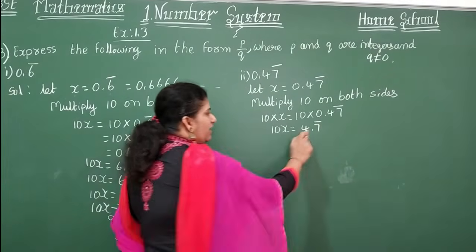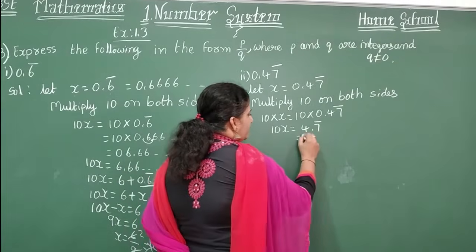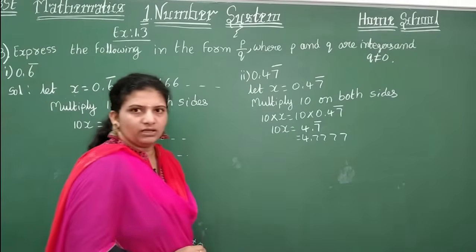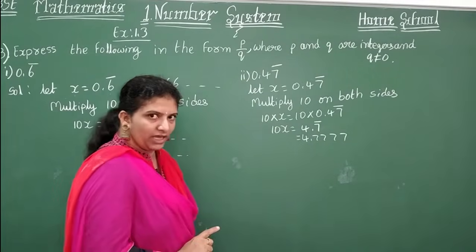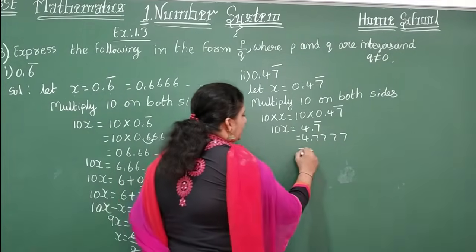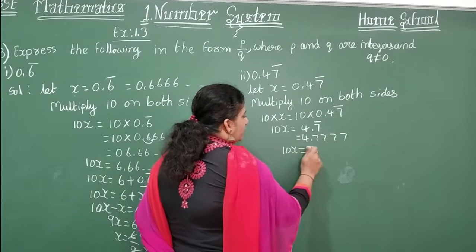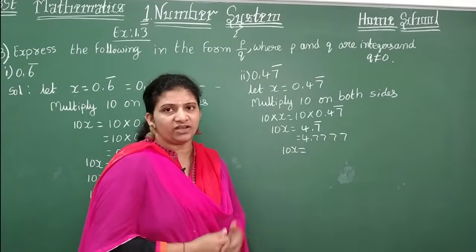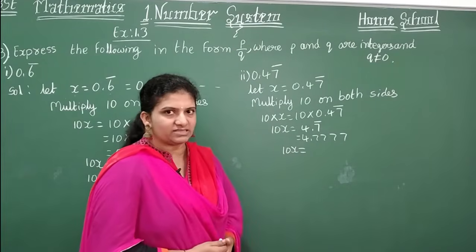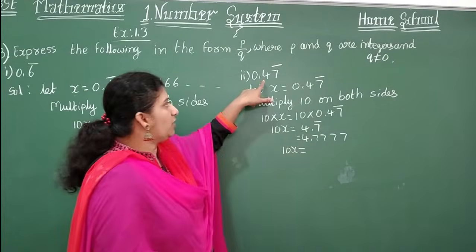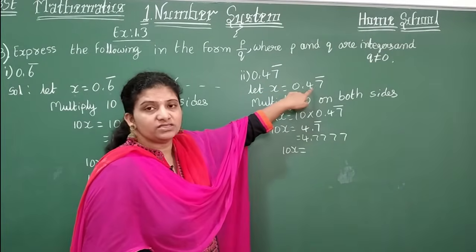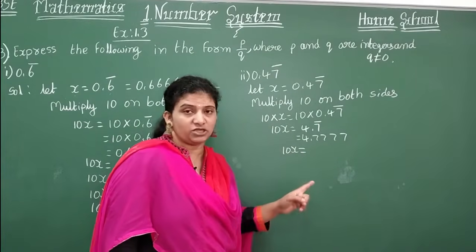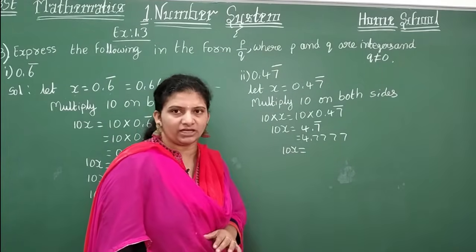Okay. So now split this, children. How can you write this? 4.777 you are going to get. Okay. So observe here carefully. When you need to split this one, you cannot split this one as 4 plus 0.77. If you split, you won't get the answer. Why? In your question, you have 0.47, but if you split 0.77, you cannot get your answer.